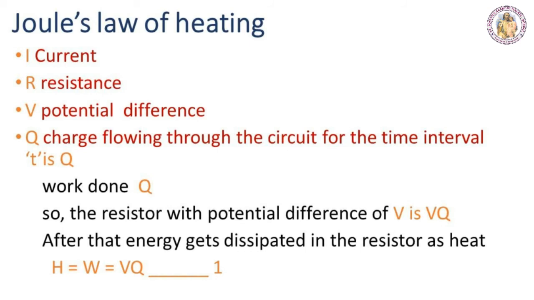This energy spent by the source gets dissipated in the resistor as heat. Thus, the heat produced in the resistor, H, is equal to W, that is work done, which is equal to VQ. We take H = W = VQ as equation number 1.